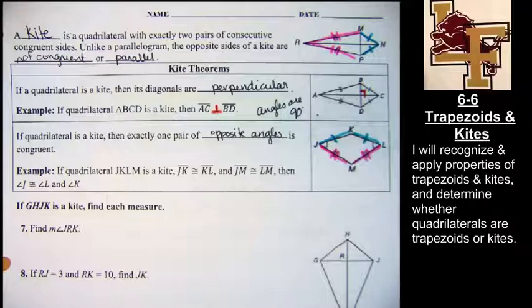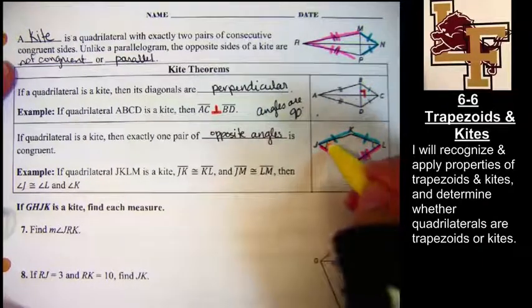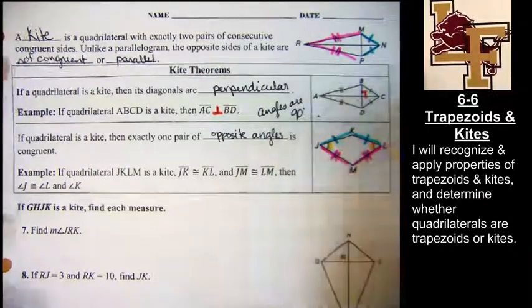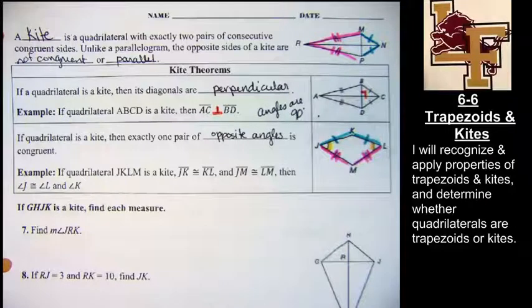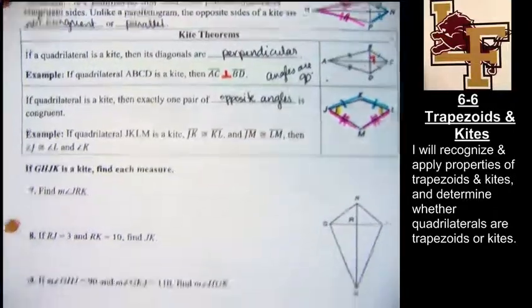The angles that are congruent then are these here, the ones that are formed by those non-congruent sides. Those corners, those are the ones that have the same measure. Okay? Questions about these theorems? No, we're good?